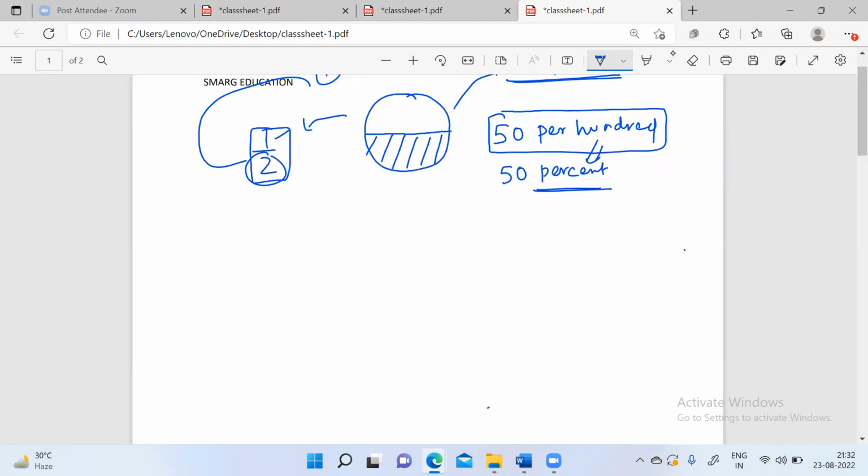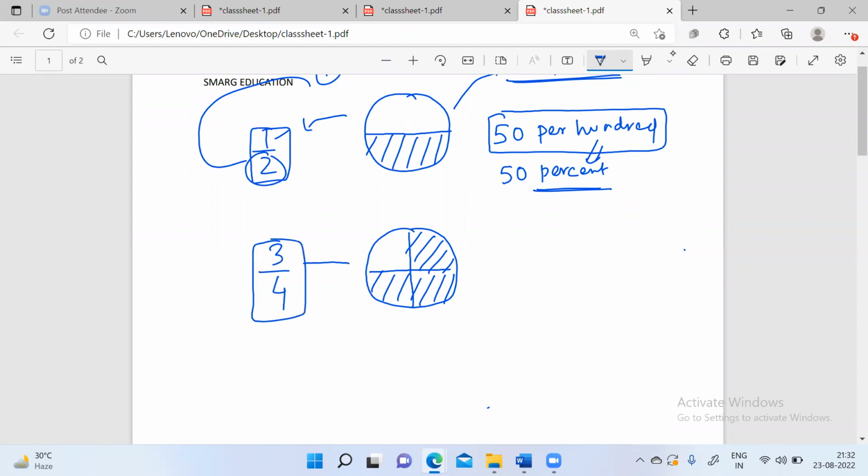So similarly, when it was 3/4, you did say that 3/4 is dark. So if the entire thing is 100, how much is dark? 75. And you'll say 75%.